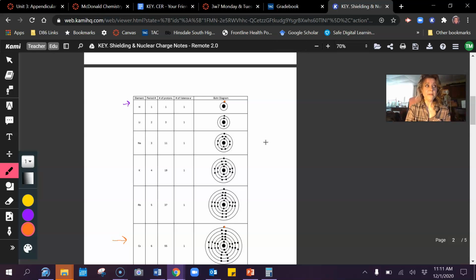Now, number 5 asks you which electron is most likely to be lost, the one that's furthest away or the one that is closer in. Now, in class, I was talking about one of your classmates had a can of Monster on her desk. And I said, if I was going to run up to her desk and try to grab that Monster, what would she do to prevent me from grabbing it?